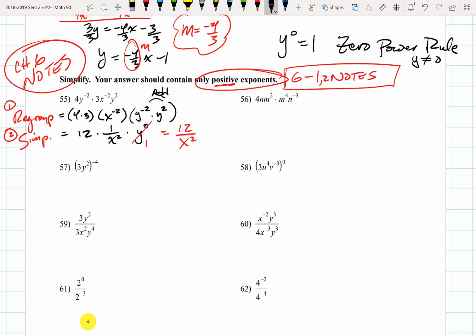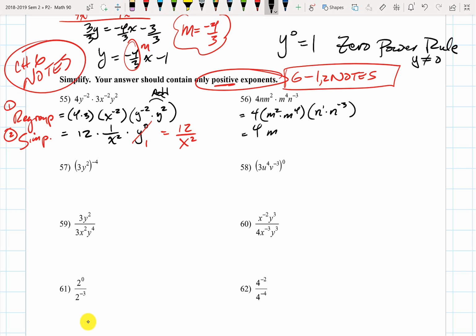Number 56, same idea. You got 4, that's the only constant. You got to multiply your m's together, so m squared times m to the 4th, times n in the third group times n to the negative 3. Notice that n is to the first power there. So what do we get?